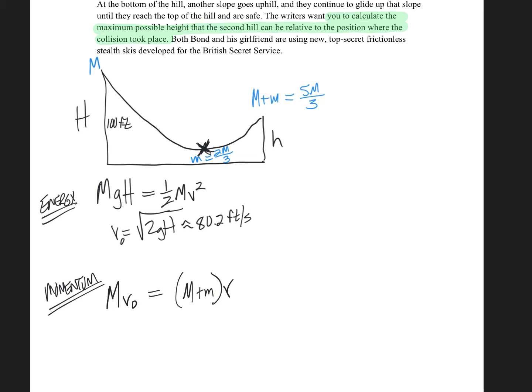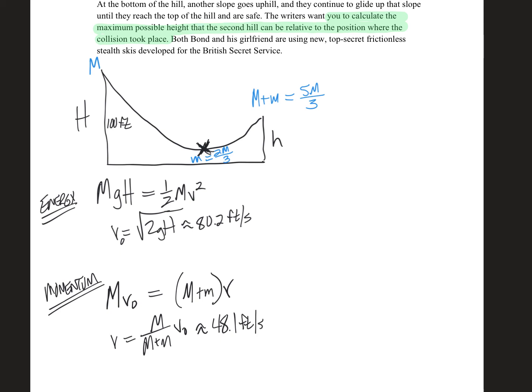If we do the math, the new velocity is m over (m plus m) times v naught, and with the plugging and chugging you'll get 48.1 feet per second.